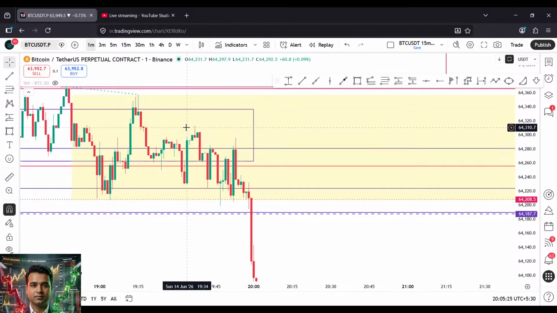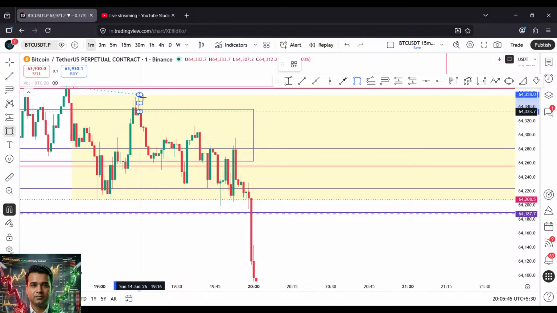So somewhere here, there may also be some orders. So if we have to trade, we will take this whole zone. Why? Clean orders are inside only this.